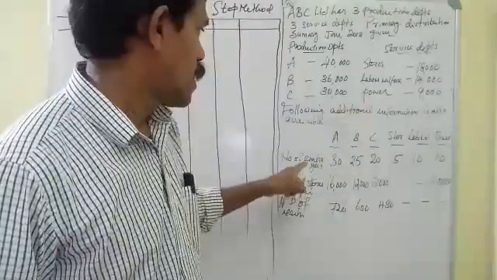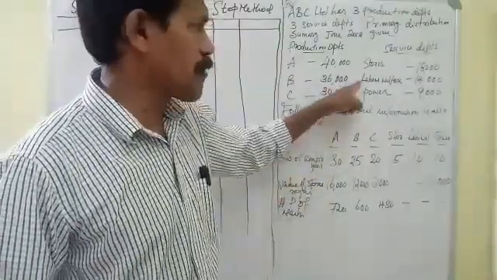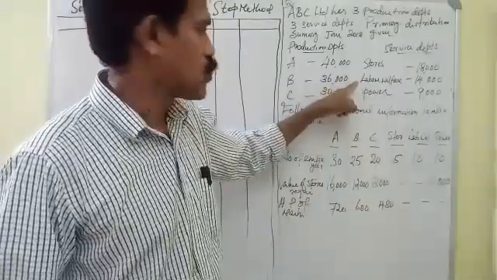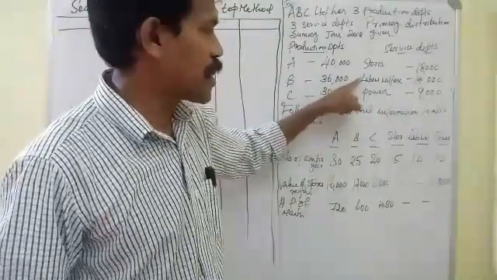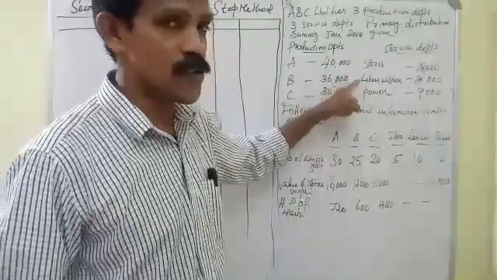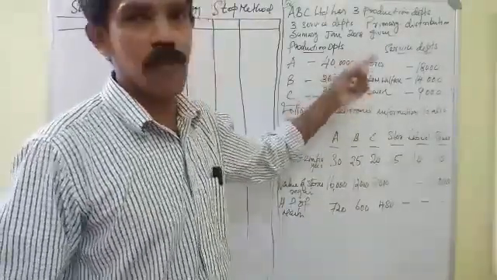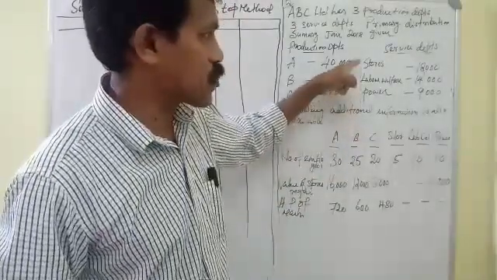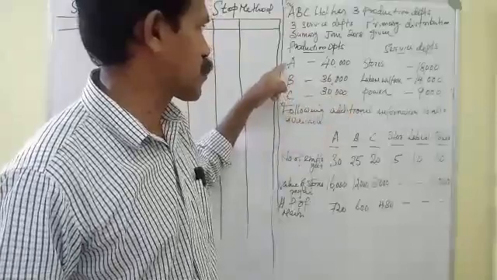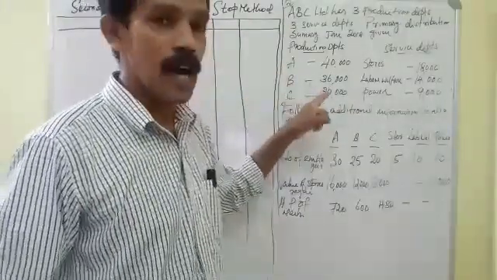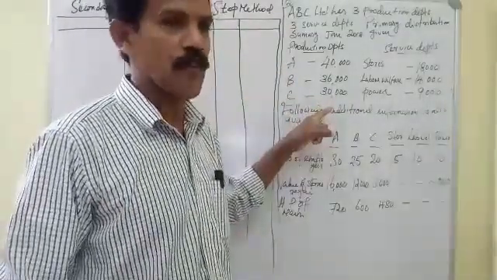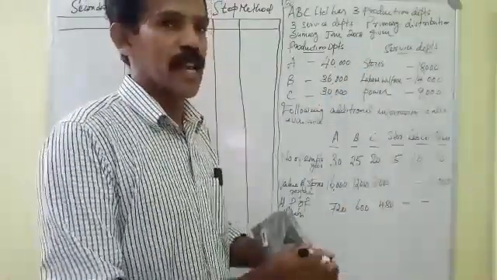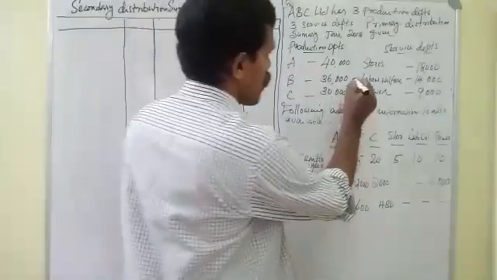Our labor welfare department deals with employees, so the labor welfare department serves the maximum number of other departments. It serves the stores department, the power department, and production departments A, B, and C. So at the time of distribution of overheads of these service departments, we have to consider labor welfare first.